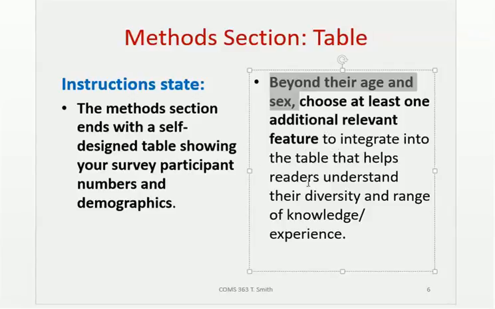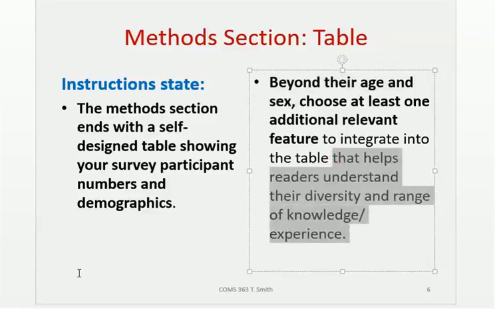You can select any other feature within the demographic part of the survey, which is any questions that begin the survey before the first usability or rhetoric question starts. The main point is it should be a feature that also helps the reader of your report understand the diversity of the participants and the range of their knowledge and experience.